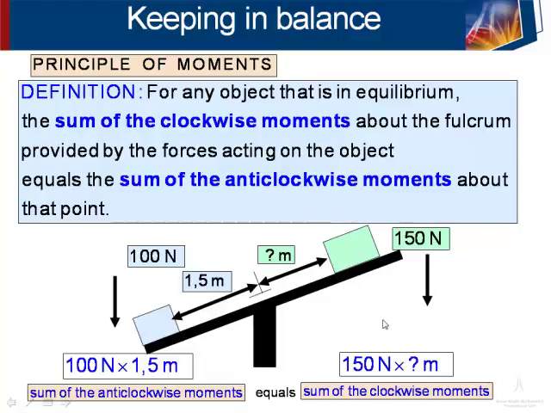Looking at the solution to this, keeping in balance, we needed to calculate this distance, and if we remember that the sum of the anti-clockwise moments equals the sum of the clockwise moments, you should have calculated this value to be 10 meters. Hope that you got this calculation correct. If not, try it again and make sure you're able to calculate this distance.